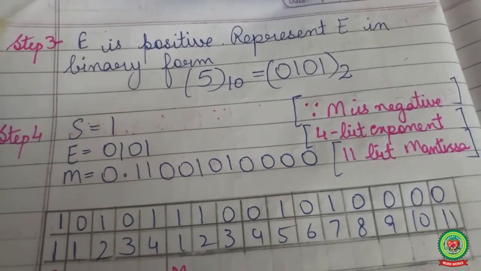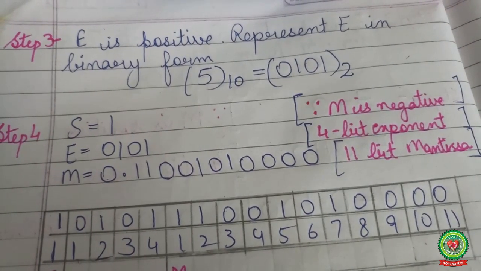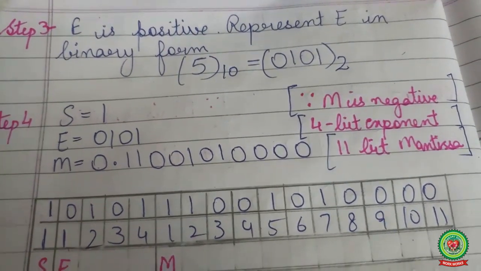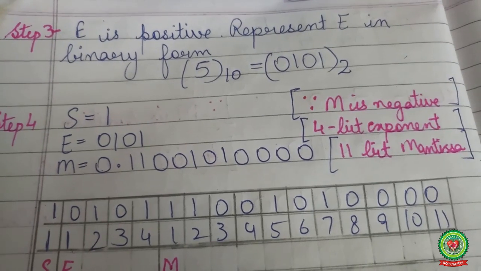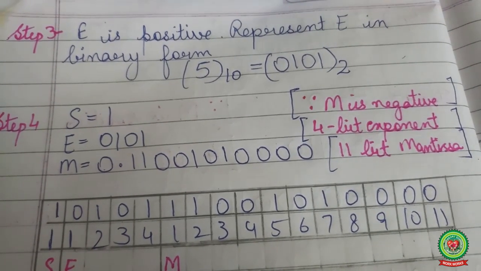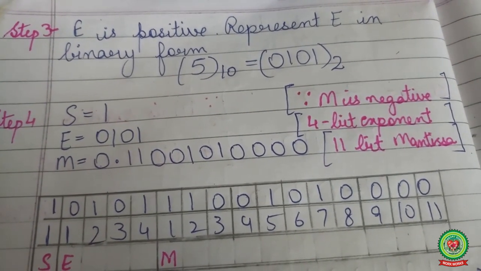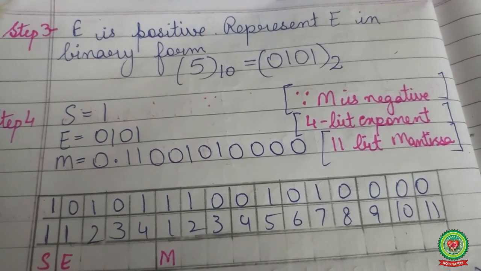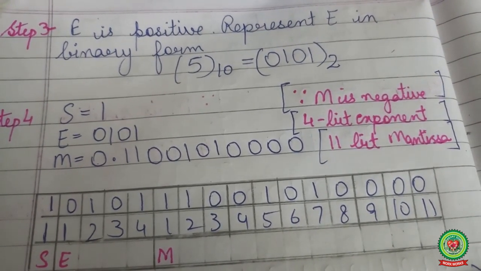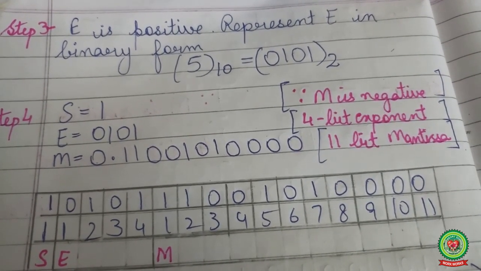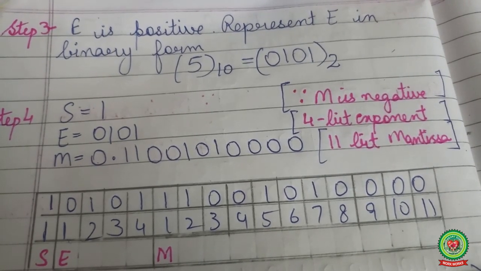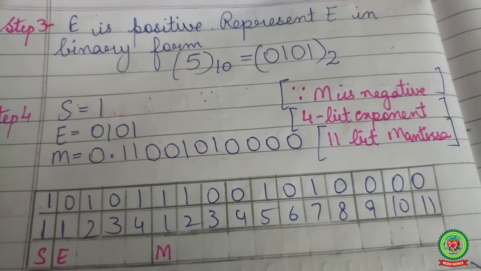For step 3, we have to check the exponent. Here 2 raised to power 5. 5 means e is positive, so I will represent e in binary form. The value of 5 base 10 is equal to 0101 base 2.